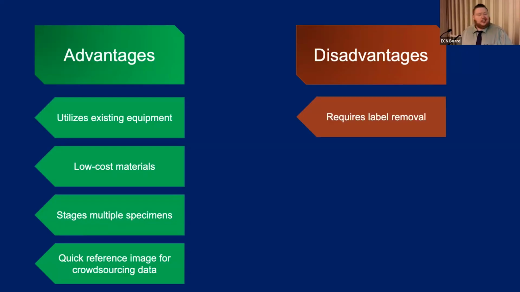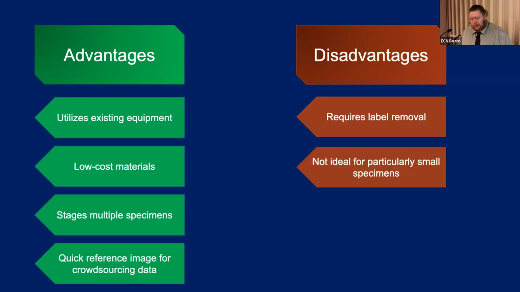Disadvantages here are, like many of our digitization technologies, it still requires label removal, which, if something goes wrong, you have disassociated the specimen from its data. And if you're looking for those really high resolution components, for particularly small specimens, this is not a great style. We were capturing specimen and label data together, so that would not give you the resolution you're looking for.